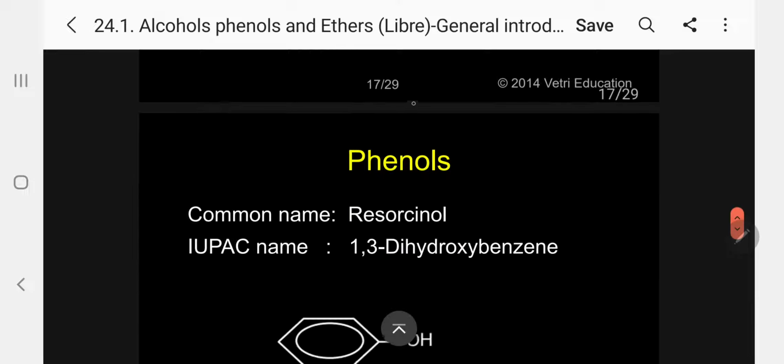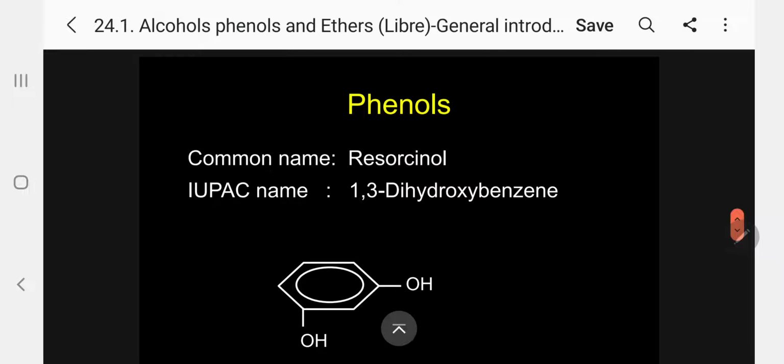Next, let me go for the second dihydroxy. The common name is resorcinol. Normally resorcinol is used for a number of compounds we are preparing. The IUPAC name is 1,3-dihydroxybenzene.